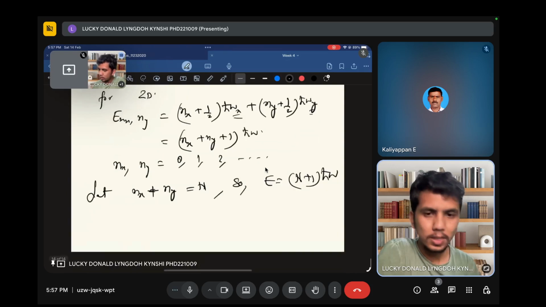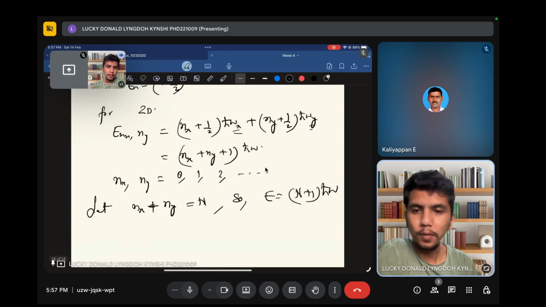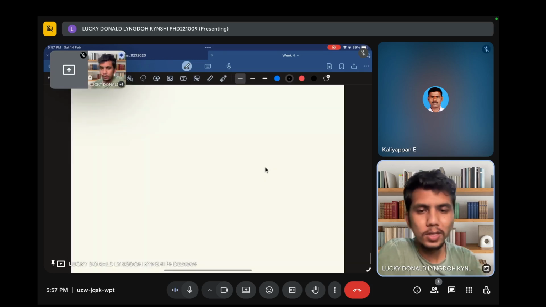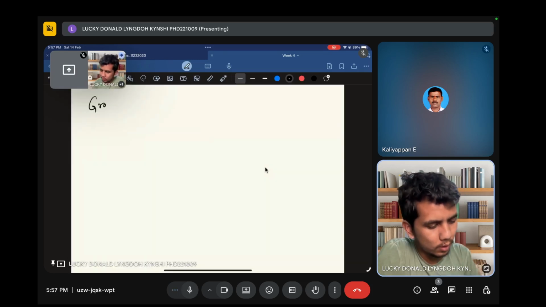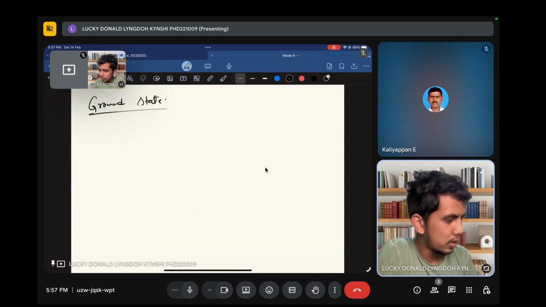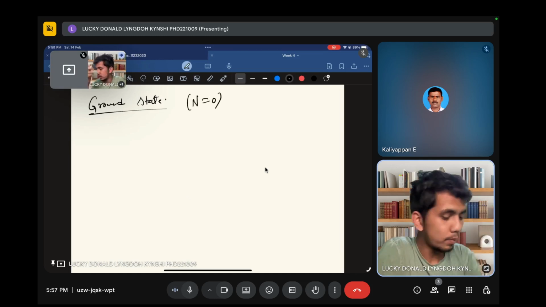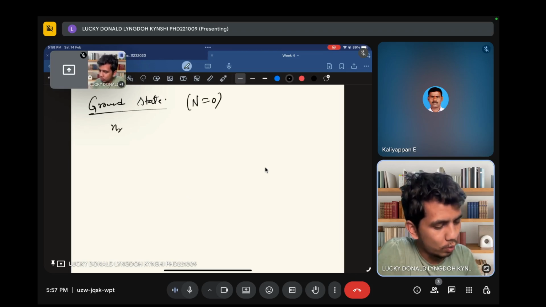Okay, so this is just the formula of the energy. Now for the ground state, the first one, that is the lowest energy state, you have n equal to 0. That means nx should be equal to 0, and ny is also equal to 0.